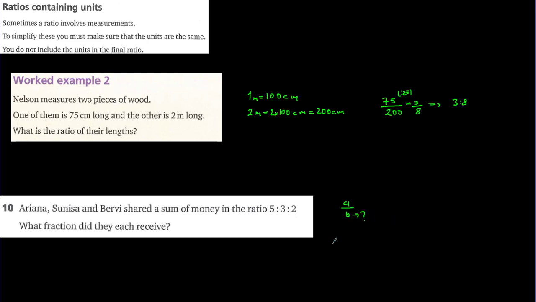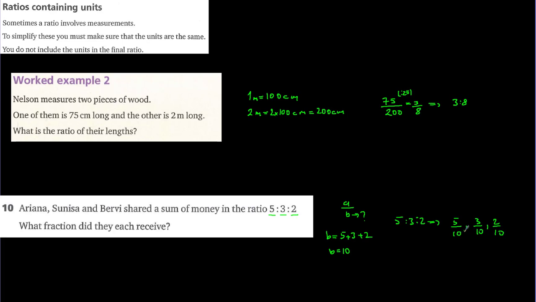What is the B value? B is the sum of these numbers, which means B is equal to 5 plus 3 plus 2, and B is equal to 10. So if we write 5, 3, 2 in fraction form, it's 5 over 10, and then 3 over 10 and 2 over 10.